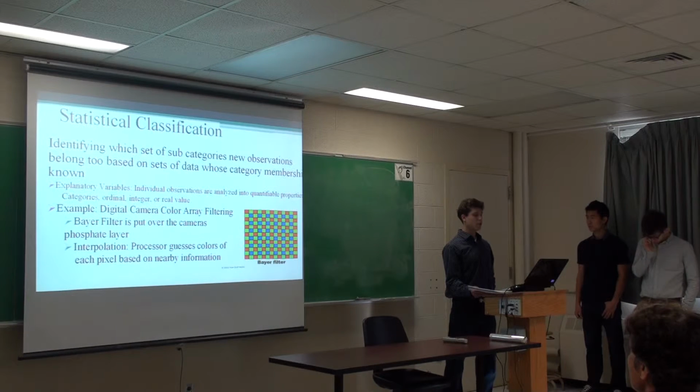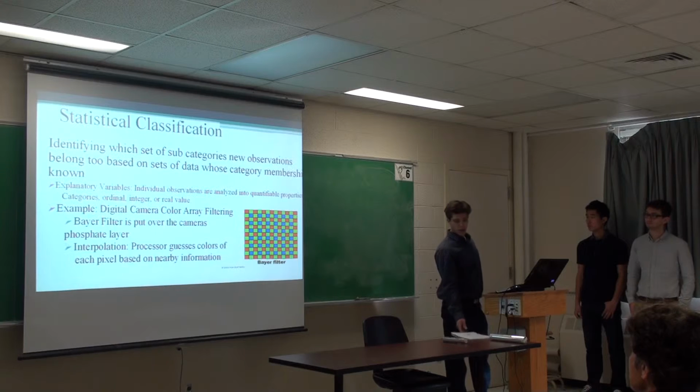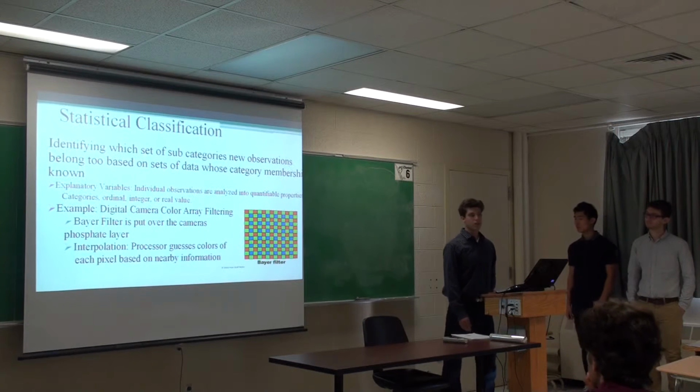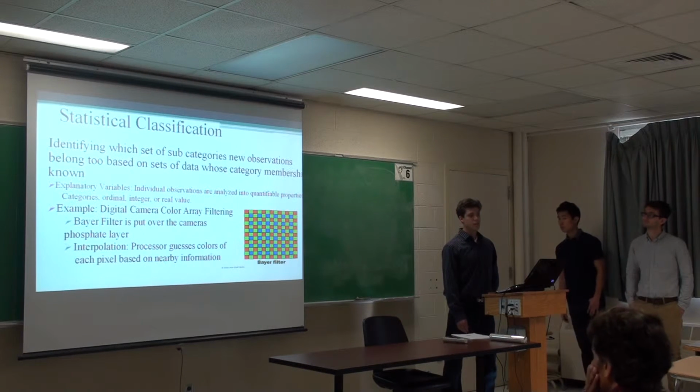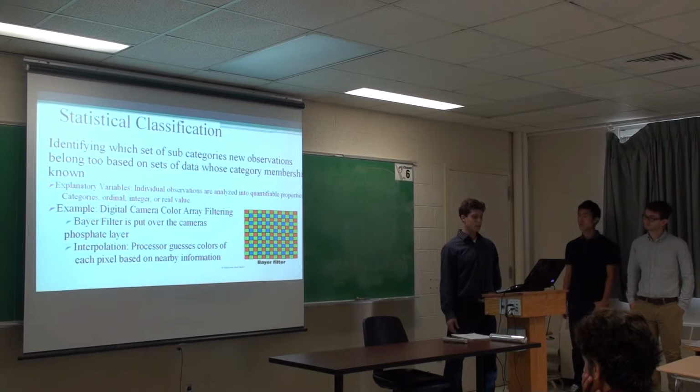An example of statistical classification is in digital camera color filtering. How a digital camera works is it imprints the intensity of light on a phosphate cell and reads the intensity of the light at each pixel.